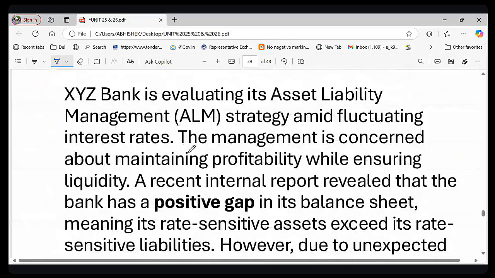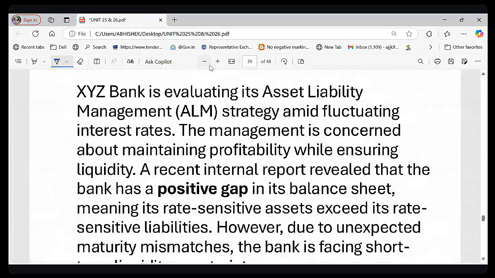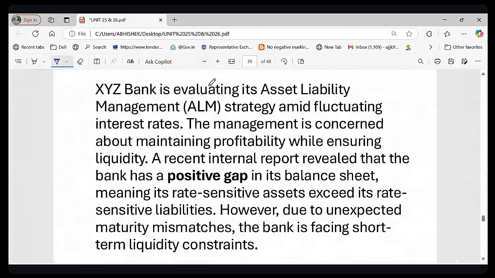Now let's see this particular question. It is in front of your screen. I hope this is the last question of today's session. Imagine you are working at XYZ bank, and the management team is evaluating the bank's ALM strategy. Here is the situation. The bank has a positive gap in its balance sheet.